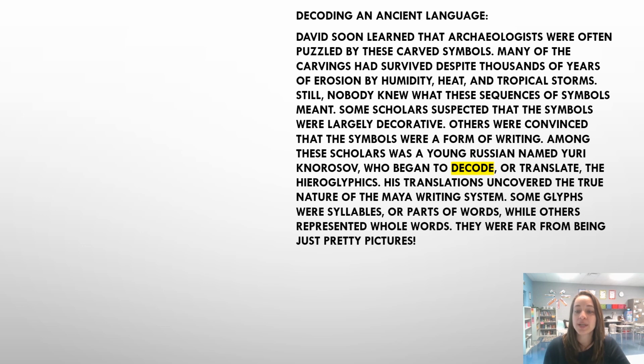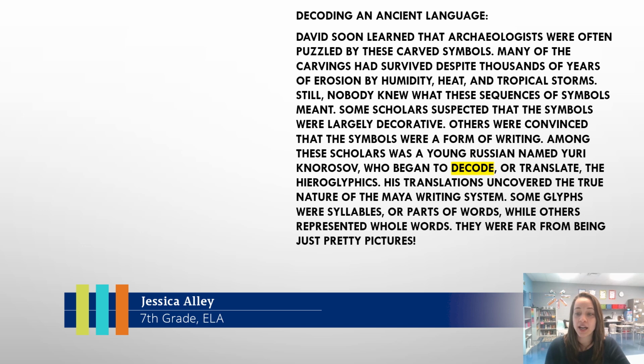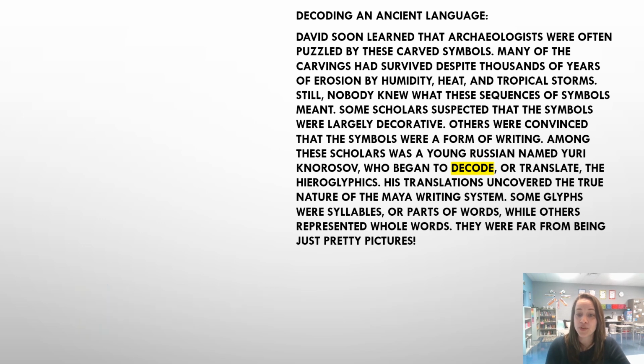Among these scholars was a young Russian named Yuri Norisov, who began to decode or translate the hieroglyphics. His translations uncovered the true nature of the Mayan writing system. Some glyphs were syllables or parts of words, while others represented whole words. They were far from being just pretty pictures.